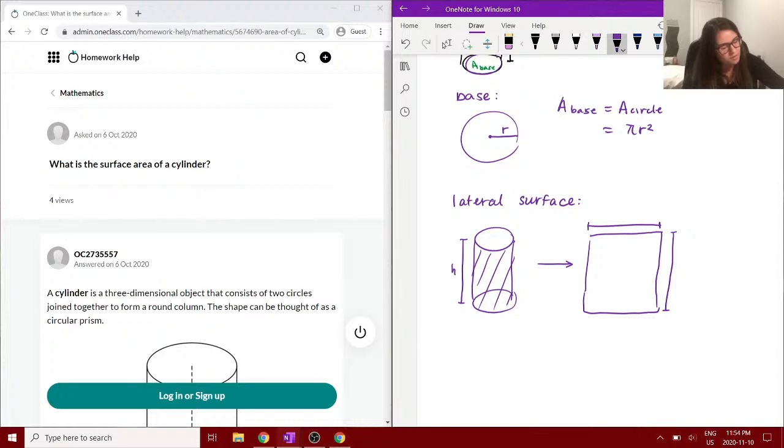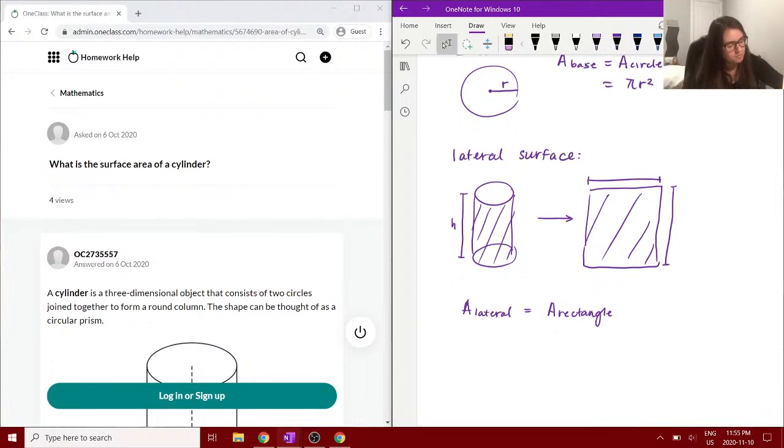in order to find the area of the rectangle, so we'll say area of the lateral is equal to the area of the rectangle. So yeah, imagine unrolling it and you have the same area, just on a flat surface, right? So when we find the area of a rectangle, we usually do length times width, right?